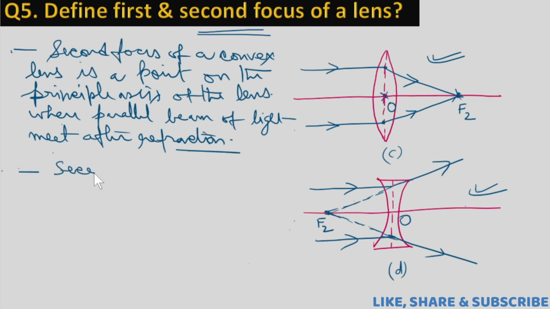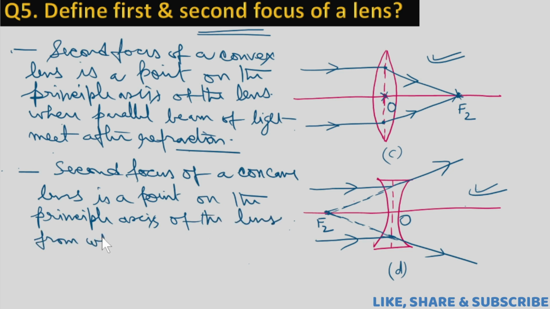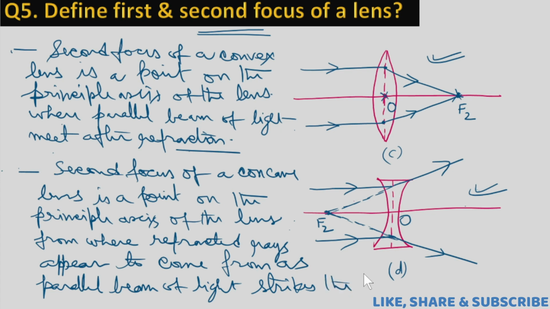For this figure, second focus of a concave lens is a point on the principal axis of the lens from where refracted rays appear to come from as a parallel beam of light strikes the concave lens.